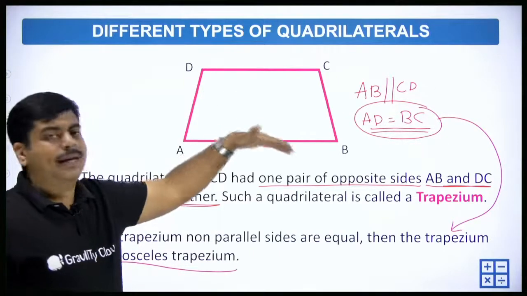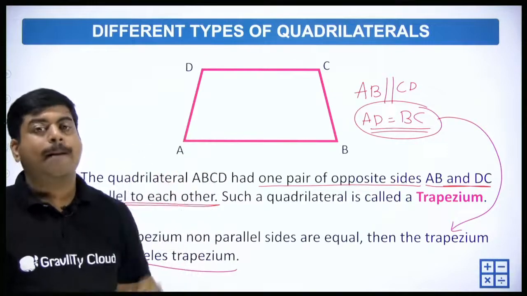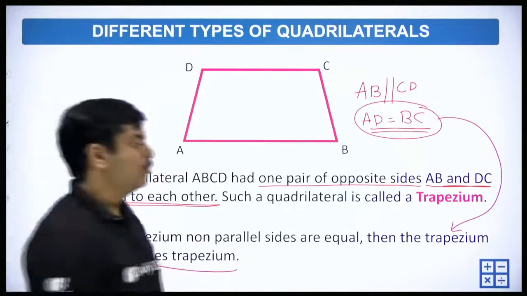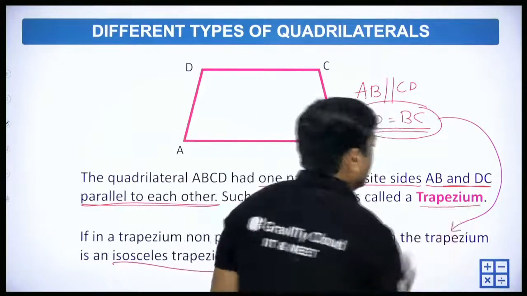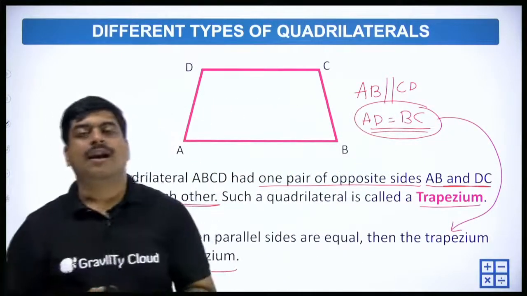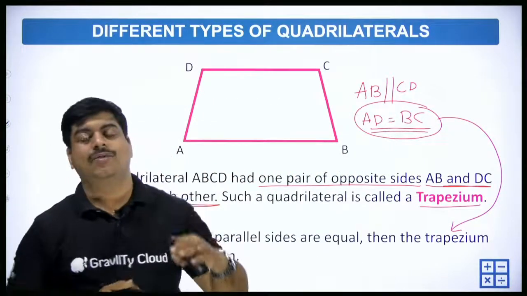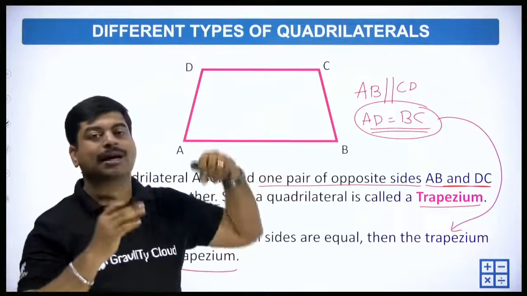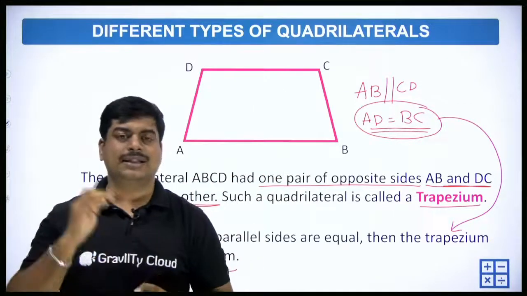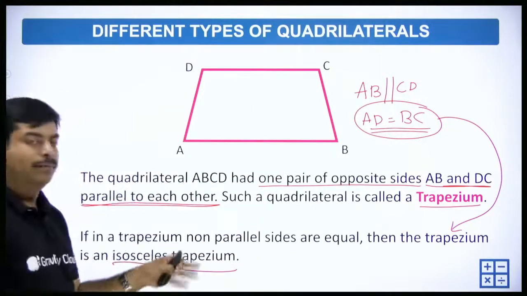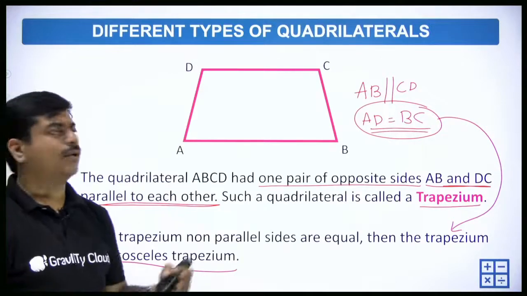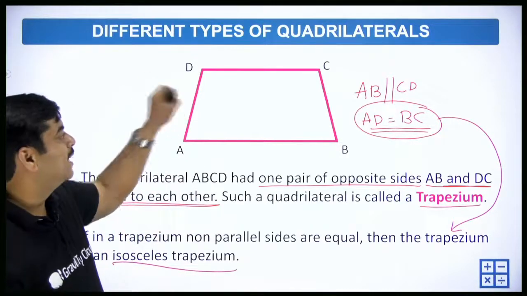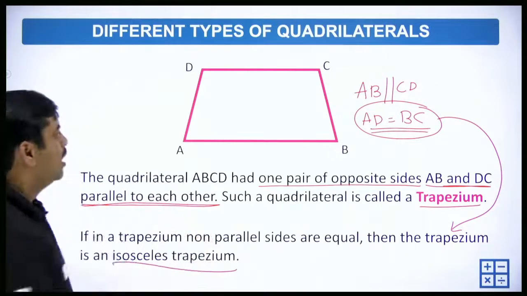When 2 sides are parallel, it is enough to say that it is a trapezium. But in that trapezium, if the lines which are not parallel, these 2 lines, are equal in length, we can say that it is an isosceles trapezium. You can ask me, sir, do we always have AD and BC equal? Not always. You can have a trapezium like this.